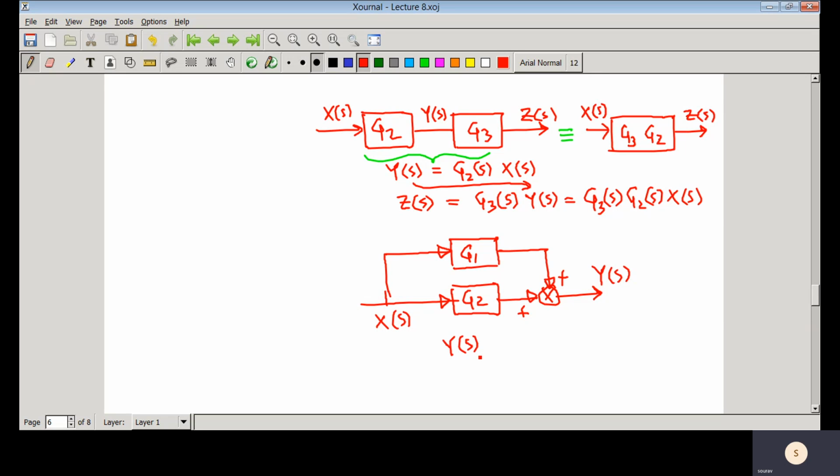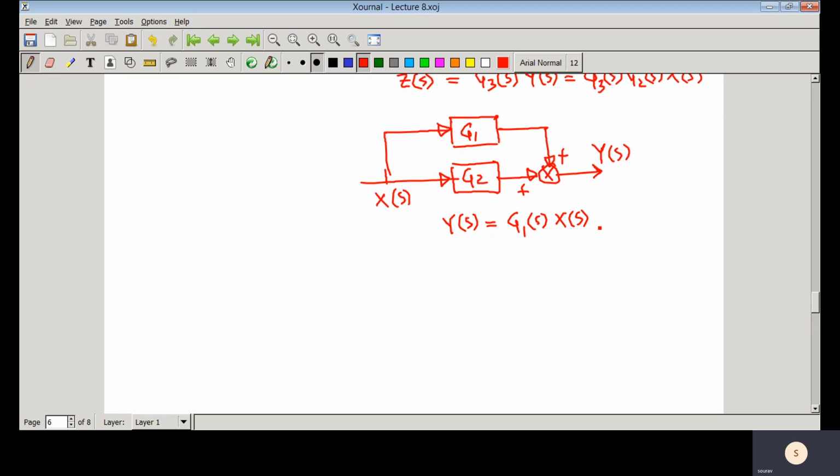Ys equals G1s Xs plus G2s into Xs. That means you can write G1s plus G2s into Xs. In all the block diagrams I am not showing s, so you should not be confused. Here I write s, but here I have not written s. So basically that is G1 plus G2.